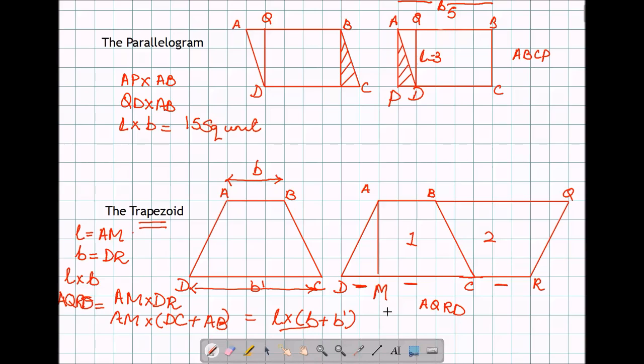So the area of the trapezoid will become half of B plus B dash into L. Half of this. Am I clear with that? Thank you.